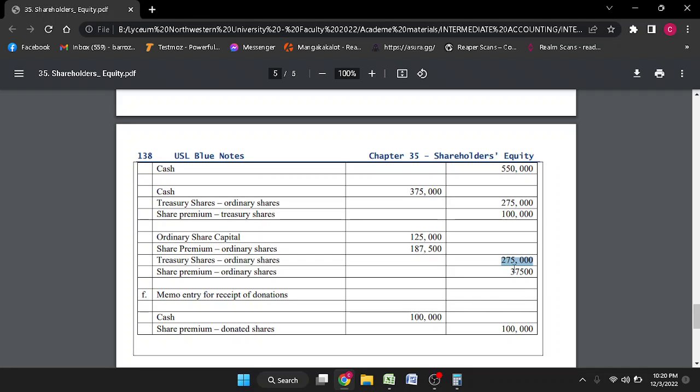And we will squeeze the remaining amount, the difference of the total debits here, the total share capital and total share premium allocated to the 25,000 shares that have been retired. So the excess was 37,500 share premium of the ordinary shares. But sometimes they use the share premium of treasury shares. It's also fine.